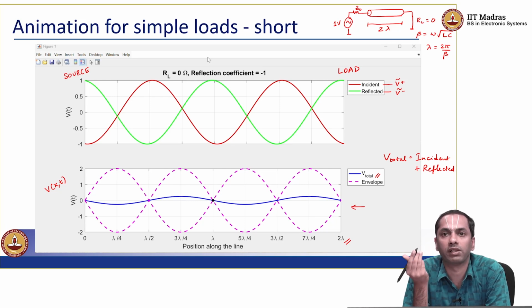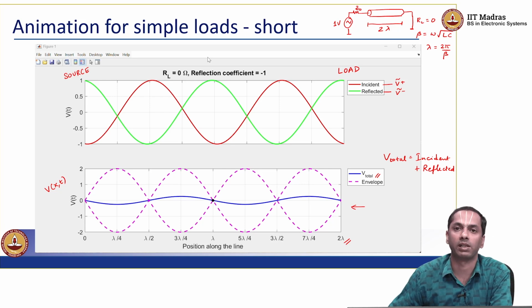We can decompose it into these incident and reflected waves because it makes for convenient mathematics to make quantitative predictions of what V total is going to become. And the envelope is essentially the maximum and the minimum values that a voltage will take at any given point along the transmission line. I am just drawing that as an envelope.